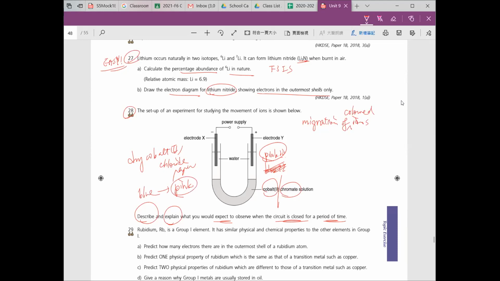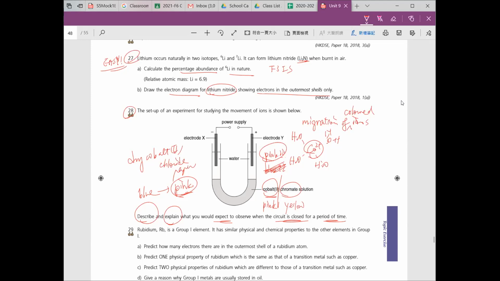Okay. So why is it moistened? It becomes pink because the cobalt(II) ion is now surrounded by water. Once I have this water that surrounds it, it will give it a special color. So it is pink. How about chromate? It's yellow in color.